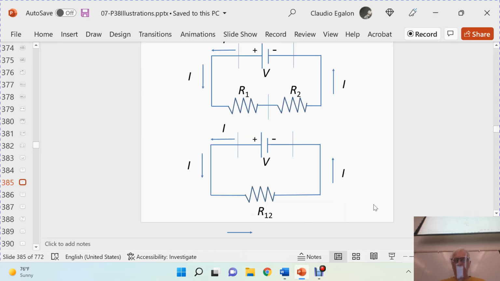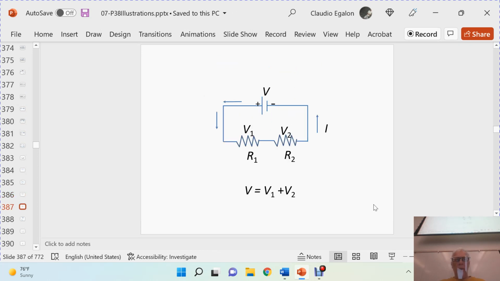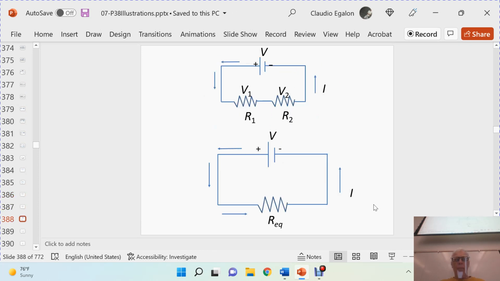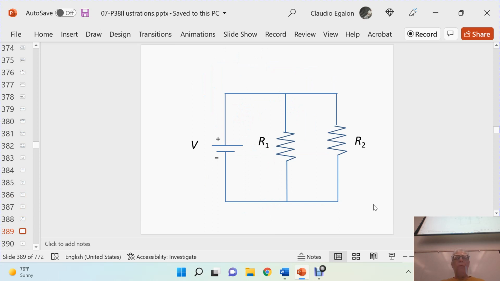Now, what about that we did, right? What about when you have two resistors in parallel? Now you have to do the same analysis that you did before, but now it's going to be slightly different, okay? Because those two ends of the resistor are connected to the electrodes of the battery. They are simultaneously connected to the electrode of the battery. What does it mean?